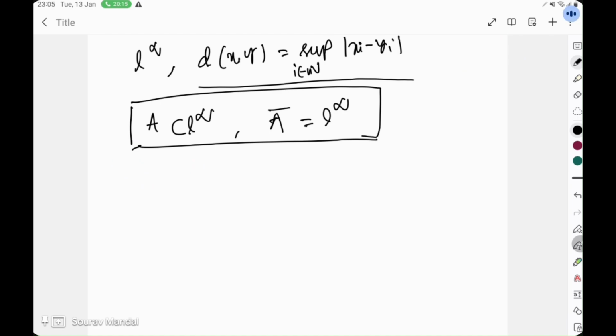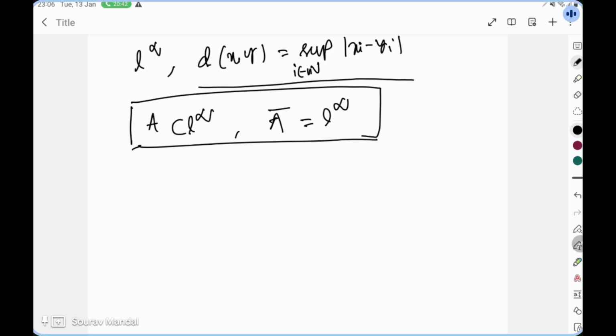If the space is separable, that means it has at least one countable dense subset. So if the space is not separable, what is the negation of that condition? There is no countable dense subset.